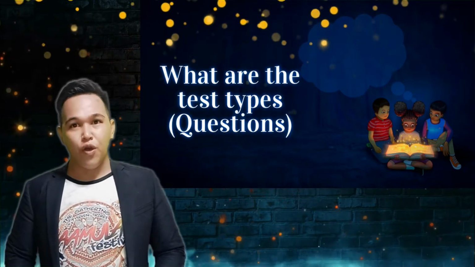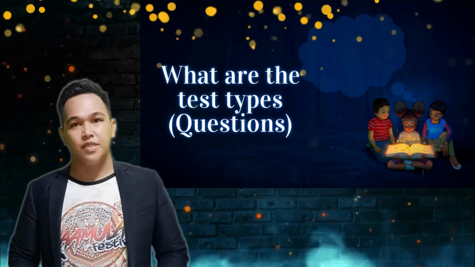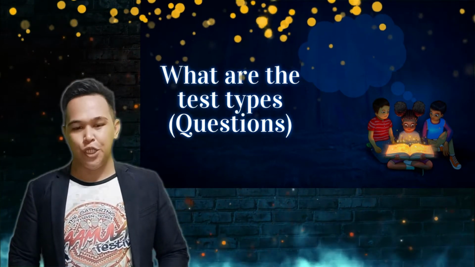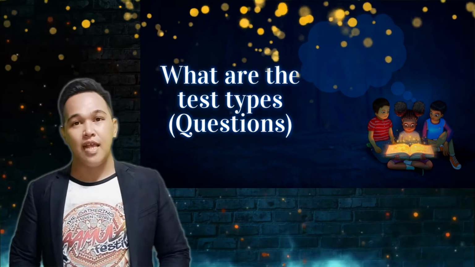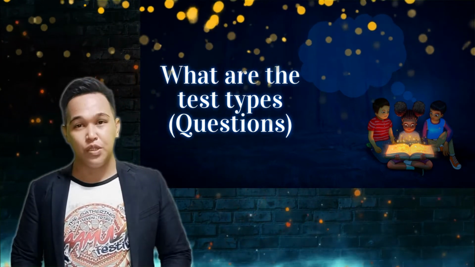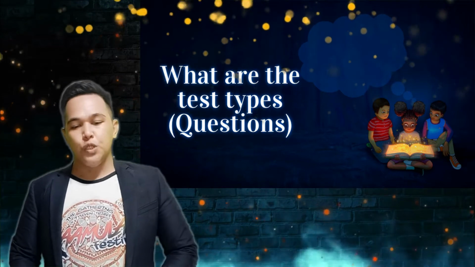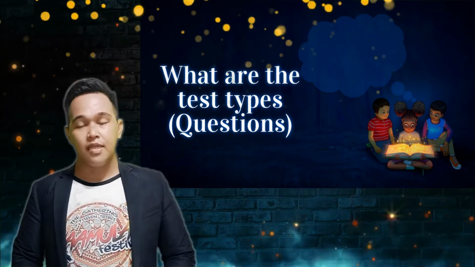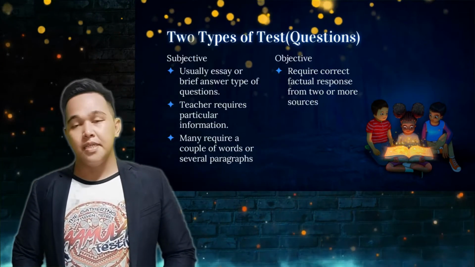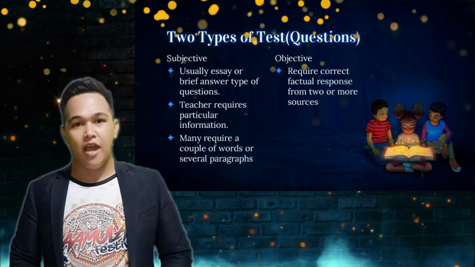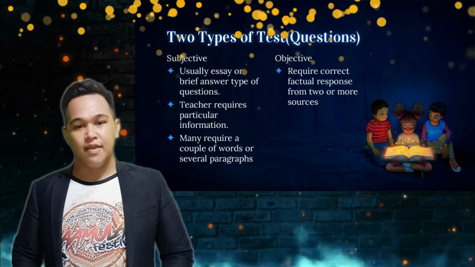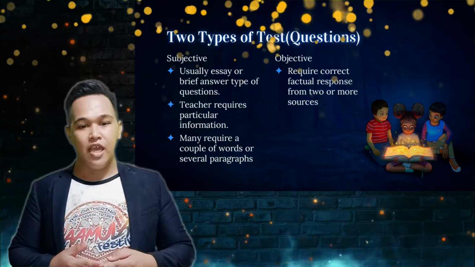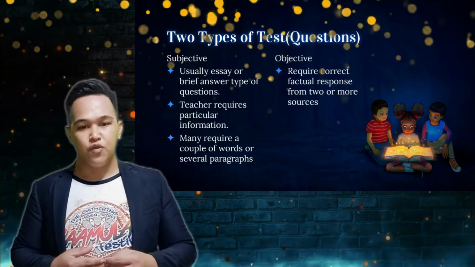Now we already know why we give tests, and now let us proceed to the test types, and how we can design a classroom test that is suitable for the classroom setting or students. Let us define the two types of tests: the subjective and the objective type. Let's begin with subjective, which is usually an essay or brief answer to a certain question.